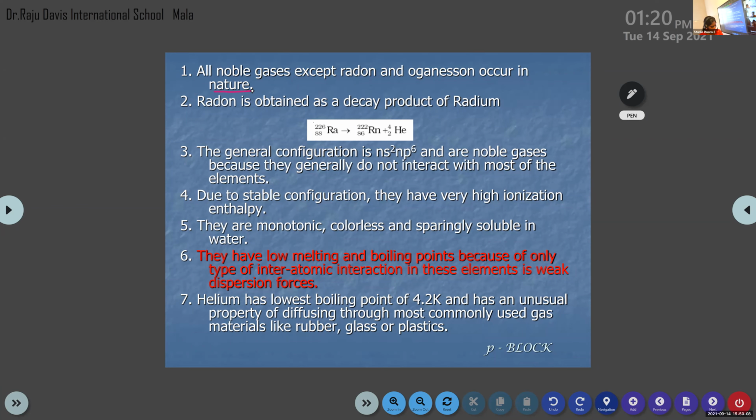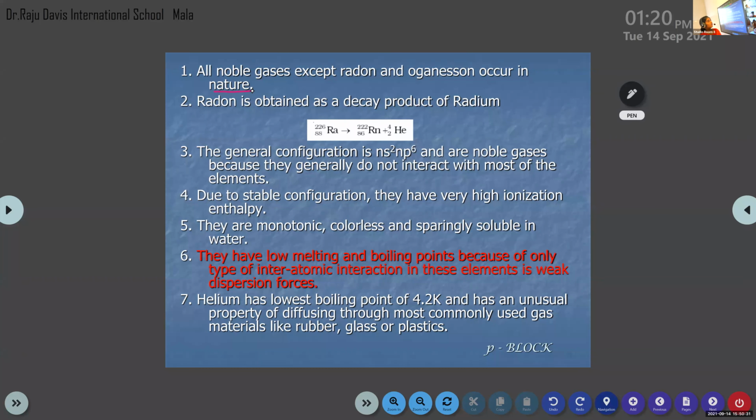Examples are pitchblende, monazite, cleveite. These are the ores of different metals. Along with these ores, the sources of helium and neon are also present there. That means helium and neon are present in small amounts in the ores of different metals. Clear, children?